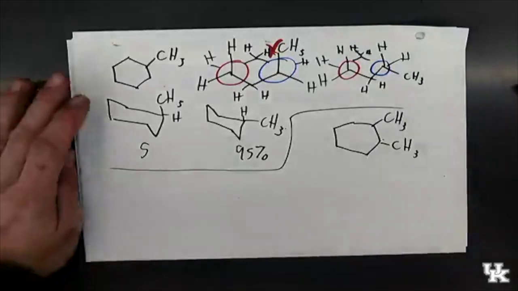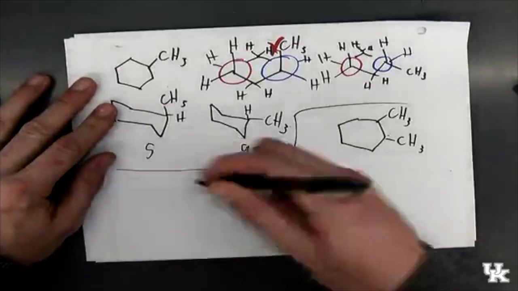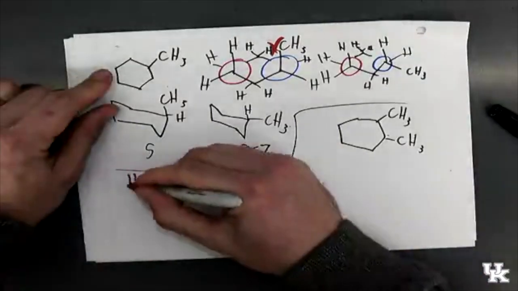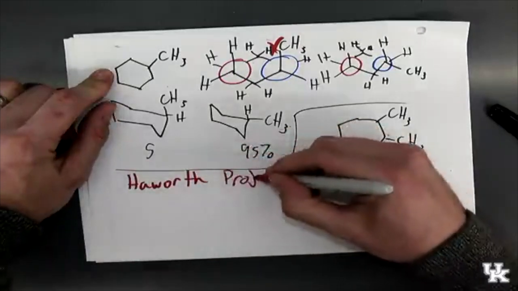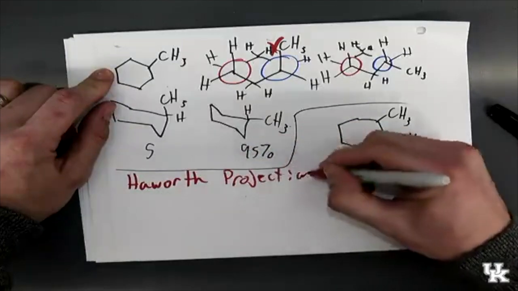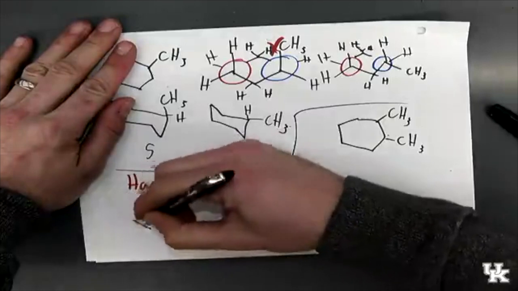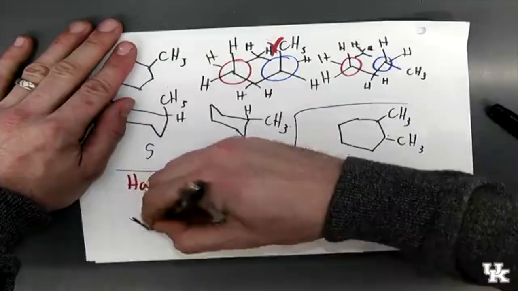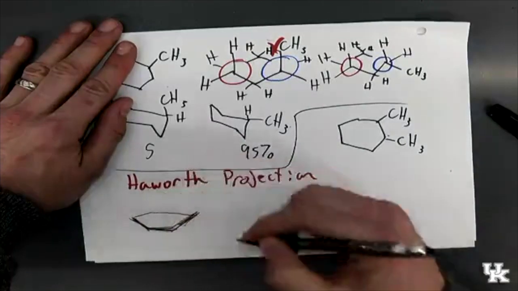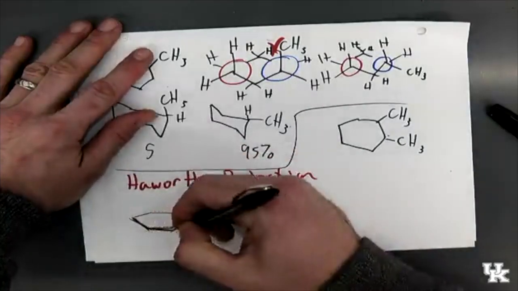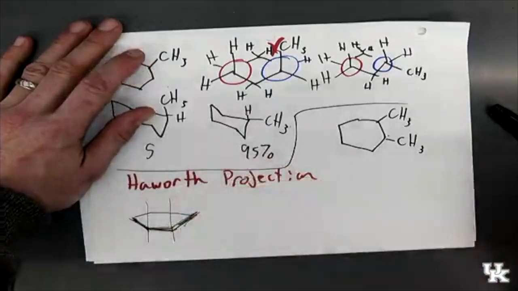So I'm going to do it in a pen because I find this a little easier. So you have a Haworth projection. Draw it out. Haworth projection. It has the substituents coming up on each side.